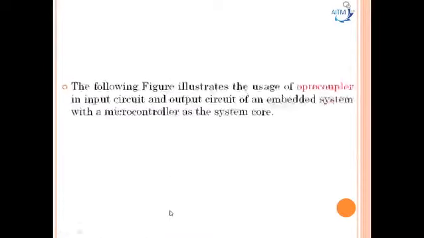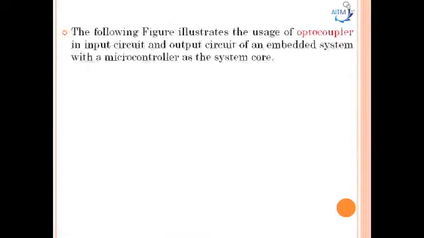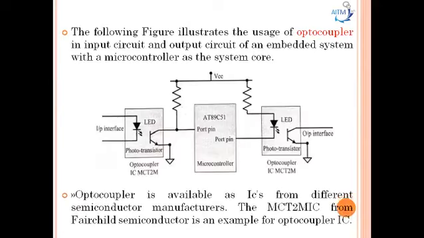The following figure illustrates the usage of an optocoupler in the input circuit and output circuit of an embedded system with a microcontroller as the system core. So here the optocoupler IC MCT2M is used in the input circuit and the output circuit of an embedded system with a microcontroller as the system core.